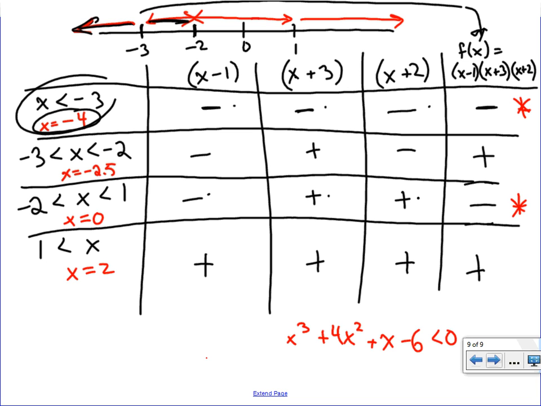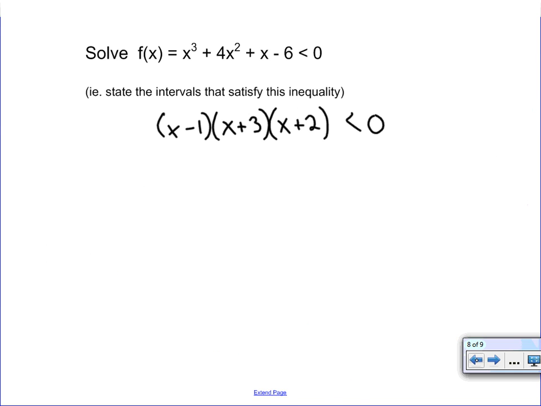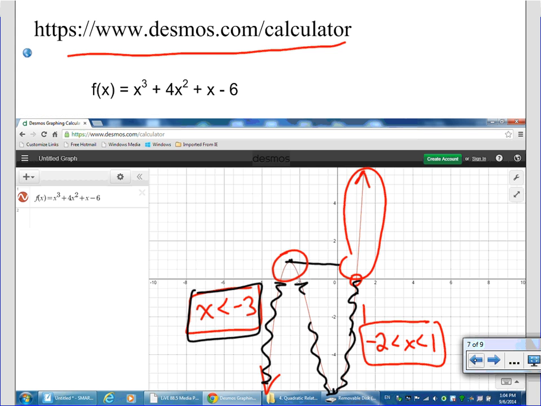That's the interval x is less than negative 3 and x is greater than negative 2 and less than 1. And on my function graph, that's exactly what I found that to be.